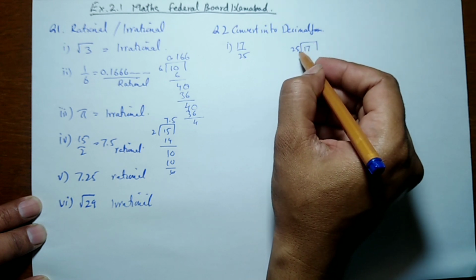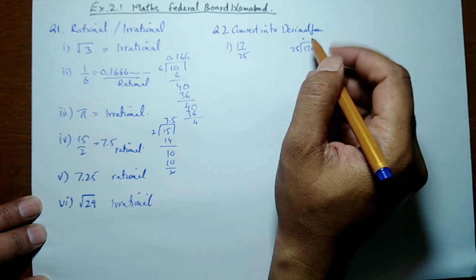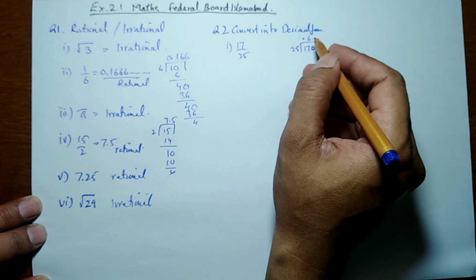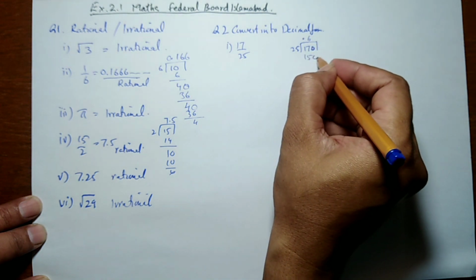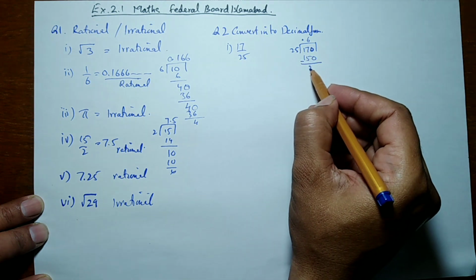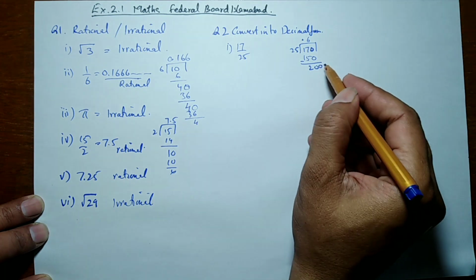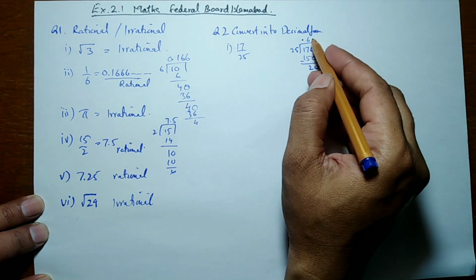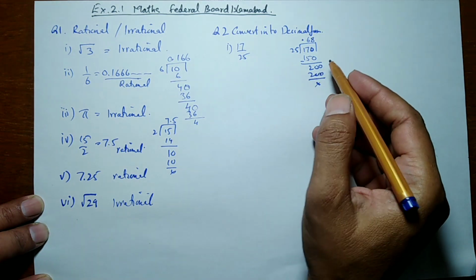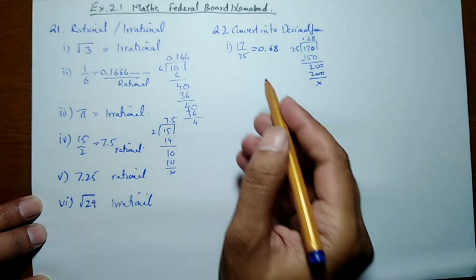So 17 is smaller than 25, so just mention the point here. 25 6s are 150. By subtracting, we have 20 here, we have already introduced the point, just mention 0 here. 25 8s are 200, so the remainder is 0, our answer is 0.68.